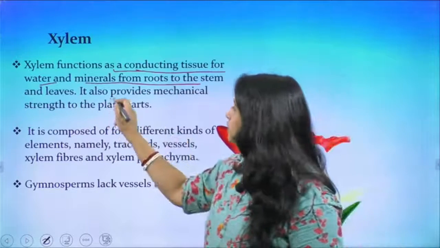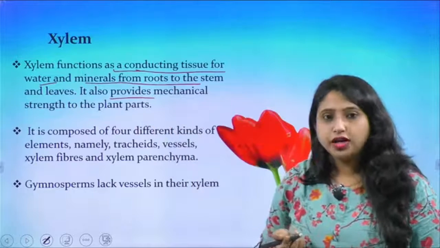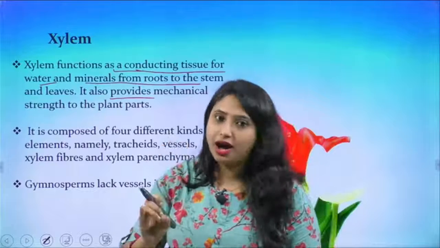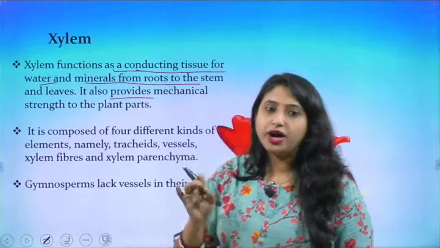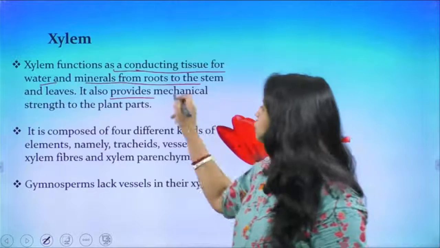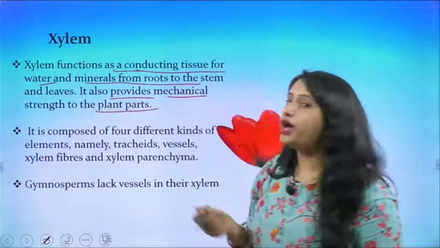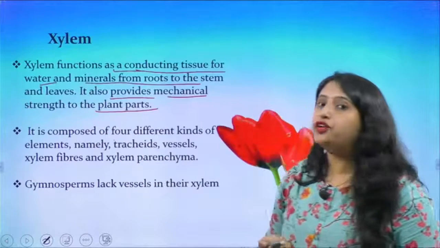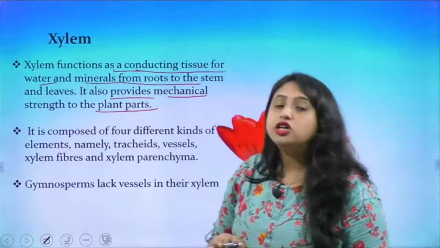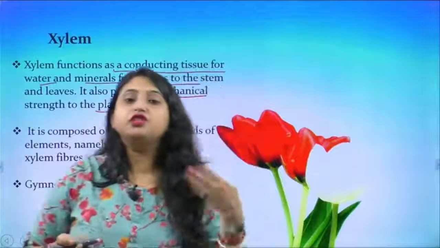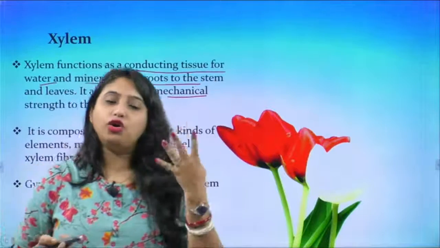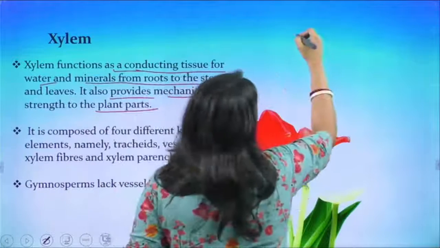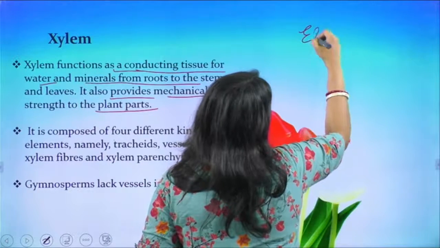This is very simple, and it also provides the plant mechanical support, or strength, to the various parts of the plant. It is composed of 4 different kinds of elements. What are the 4 different elements present in xylem?